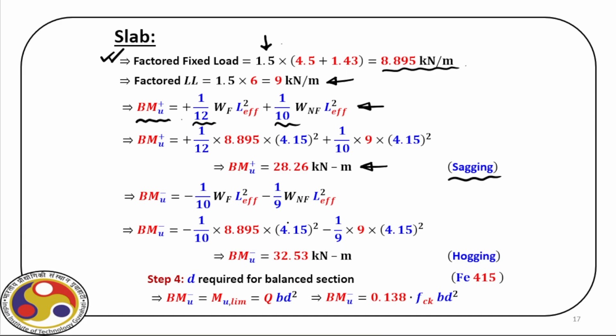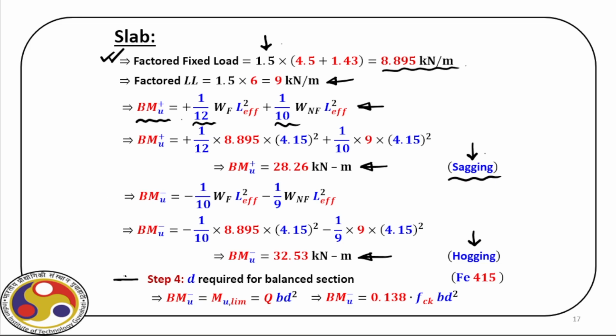Similarly, we can also calculate the negative bending moment, which is shown here, and that is 32.53 kilonewton meter, which is hogging. So once we evaluate these two bending moments, then our remaining task is to design the sectional capacity so that it can withstand this applied bending moment.